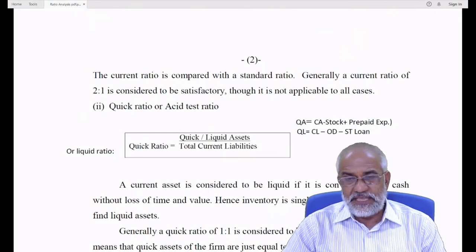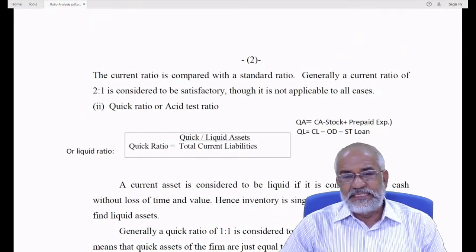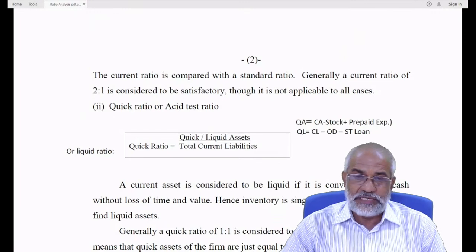Other items remain the same for determination of quick assets. Similarly, quick liability is equal to current liability minus bank overdraft and short-term loans. These two items are to be deducted from the current liabilities to find the quick liability.